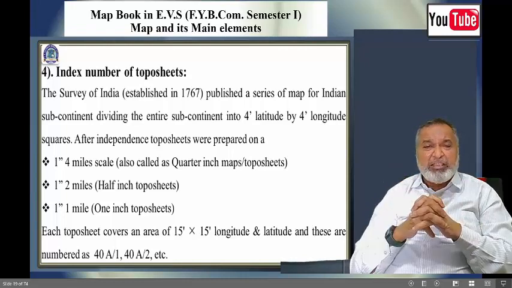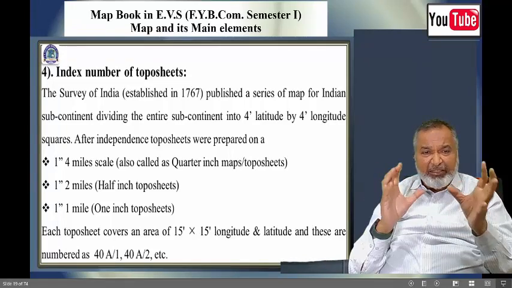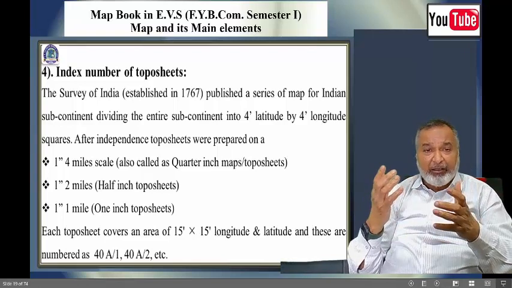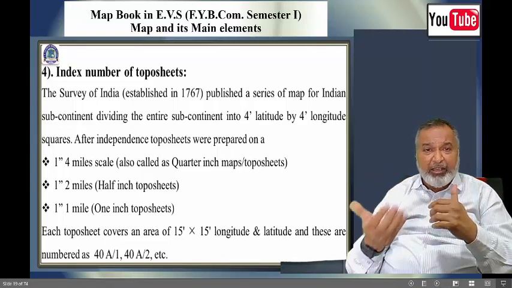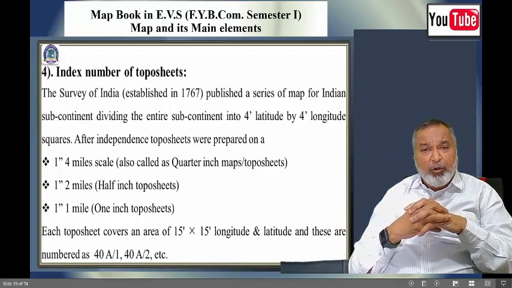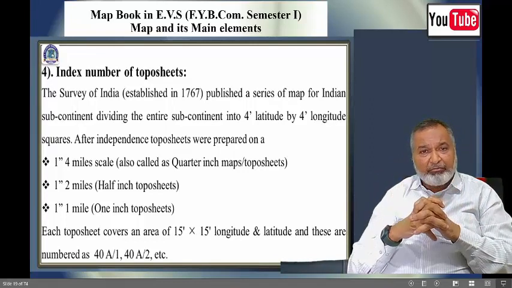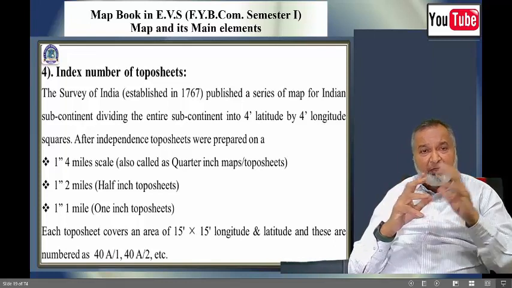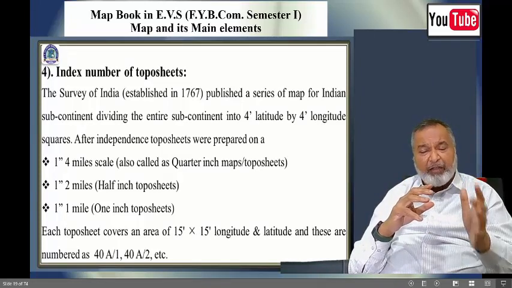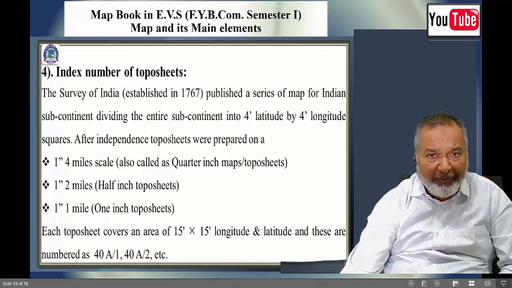So remember these terms. Whenever you see such symbols, you can recollect that it is 1 inch, half-inch. These are the old maps, called 1 inch, half-inch, and quarter-inch maps.